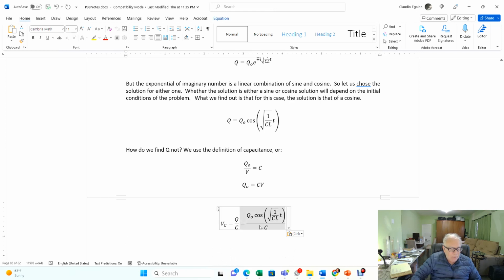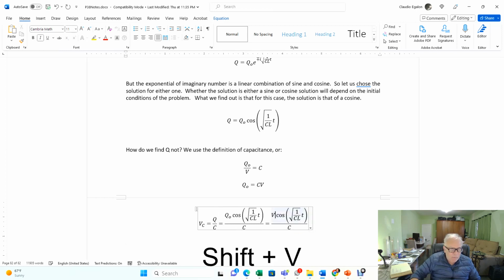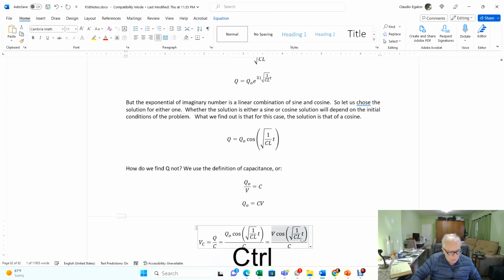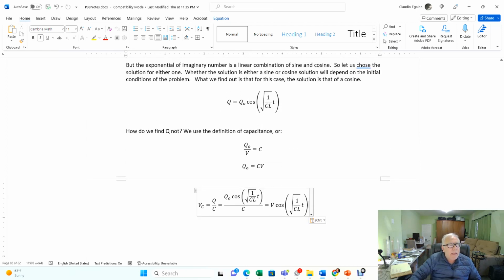Okay, Q naught is CV, and we end up having V right in here. The initial voltage of the capacitor, and the voltage keeps on oscillating back and forth. Notice that it's just like an oscillating circuit, right? With no decrease in the voltage, no decrease in the charge either, unless we add a resistor.